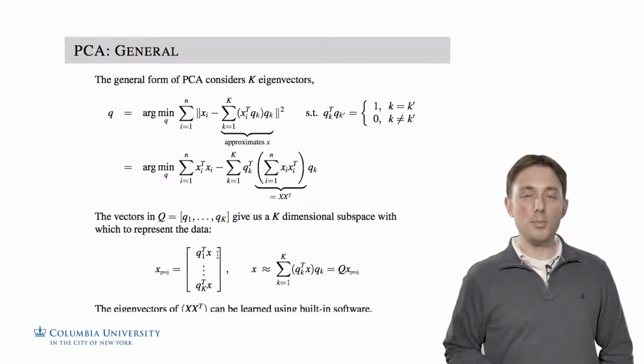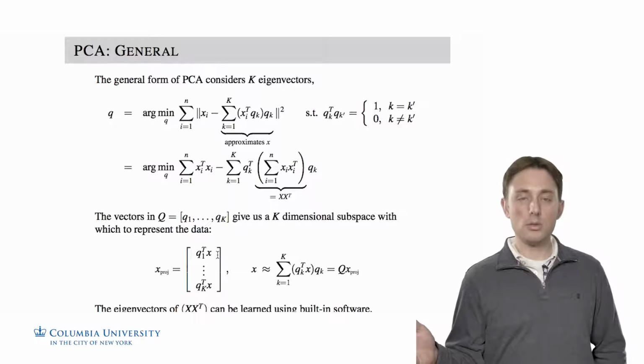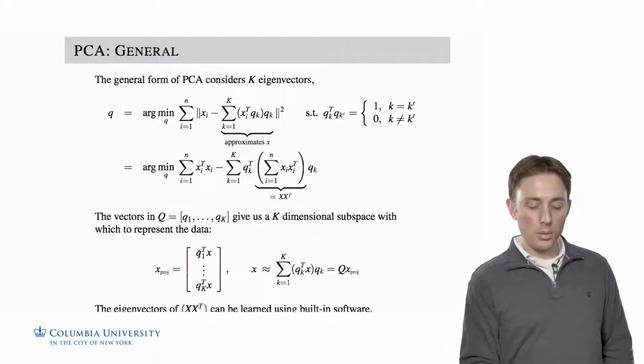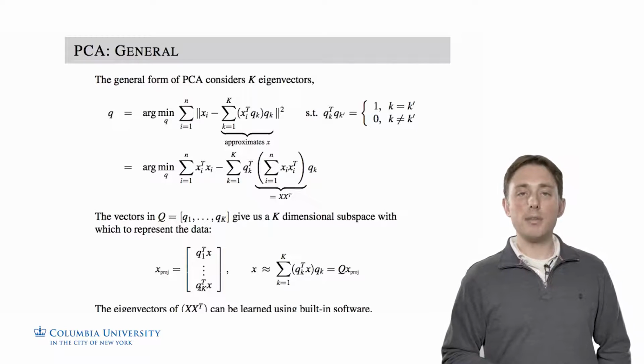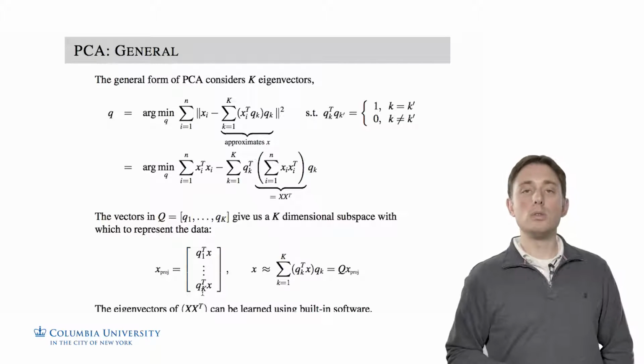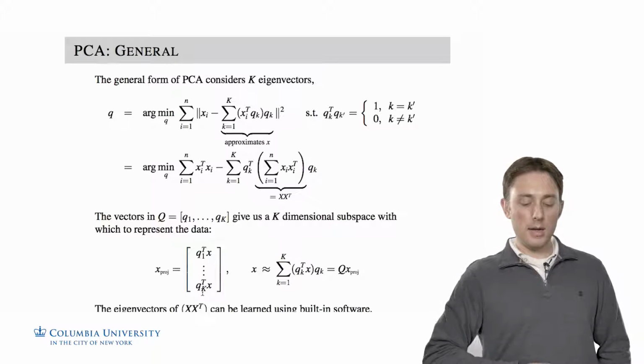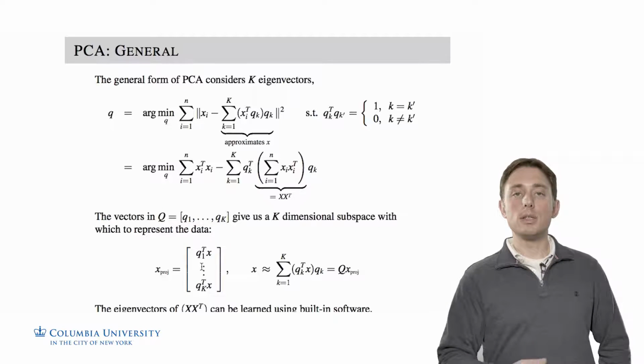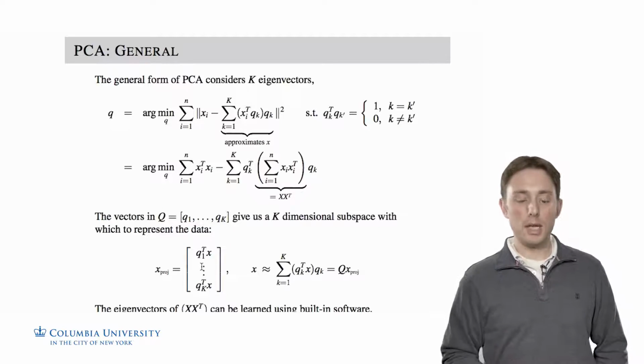So again, x can be a very high dimensional vector. We learn k of these eigenvectors. We then take the dot product of x with each of those k eigenvectors, and those k dot products give us the k-dimensional representation of x.